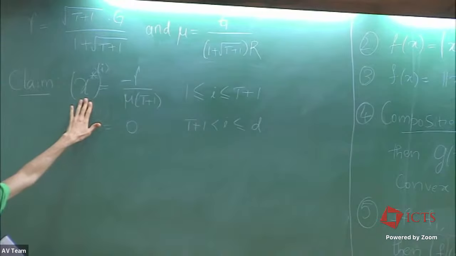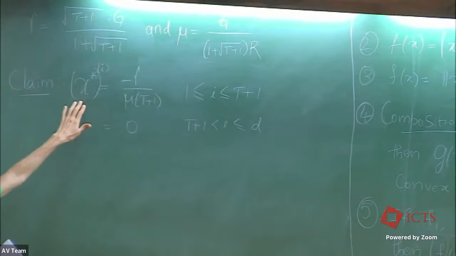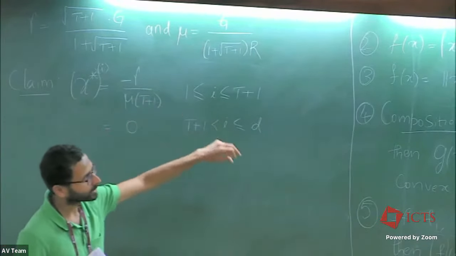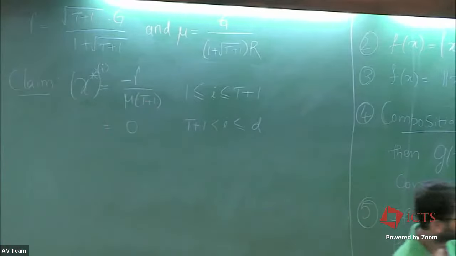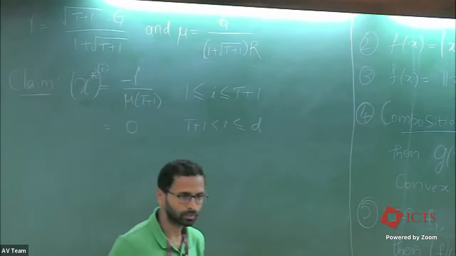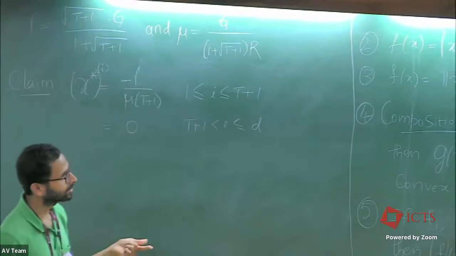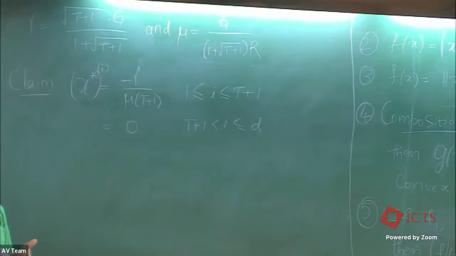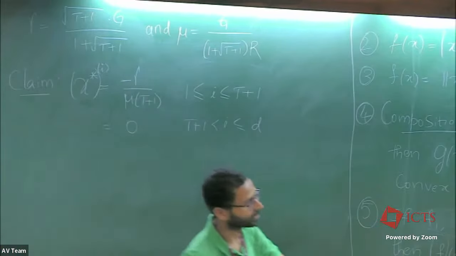Once we show this, we need to show that the norm of x star is less than or equal to r. Then we have to show that this function is g-Lipschitz, as is assumed in this theorem. And then we want to show that if we use any algorithm of that sort, after t iterations, we'll still not be able to find a point whose suboptimality is less than this quantity again.